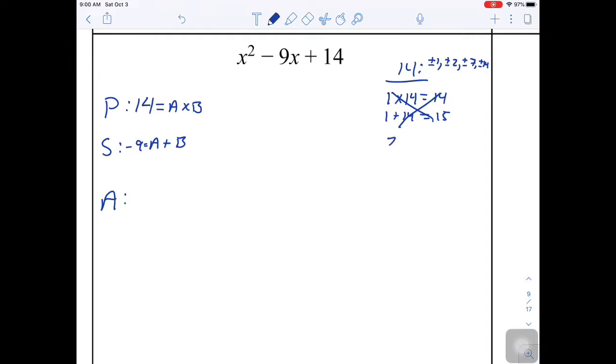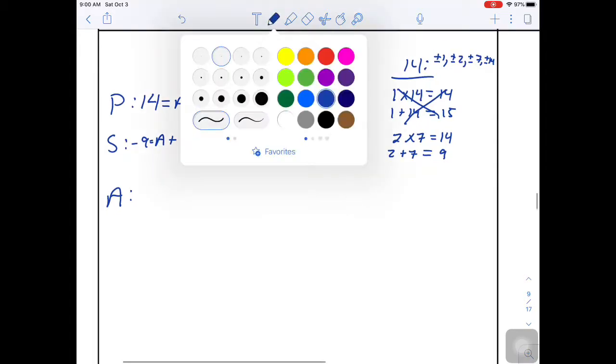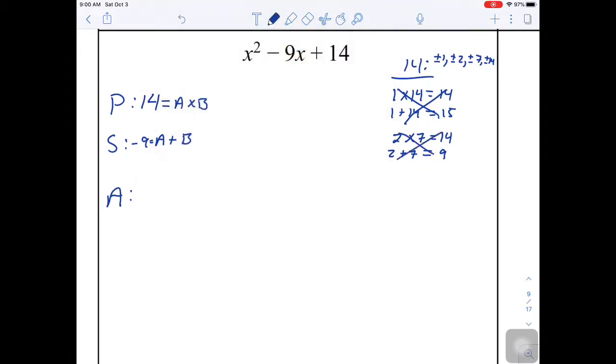Okay, so I know that 2 times 7 is 14. 2 plus 7 gives me 9. That's almost what we want, but this 9 here is positive. We're looking for a -9, right? So what I'm going to do is change both of these signs and try that, because I know -2 times -7 gives me positive 14.